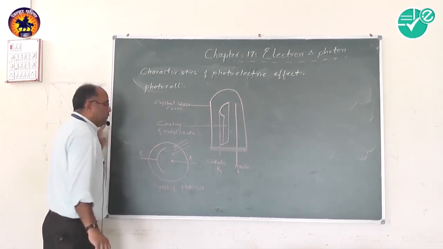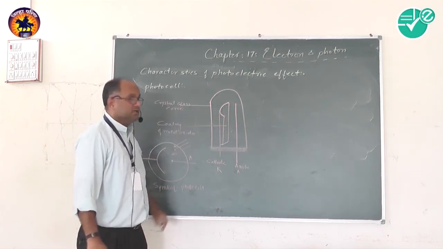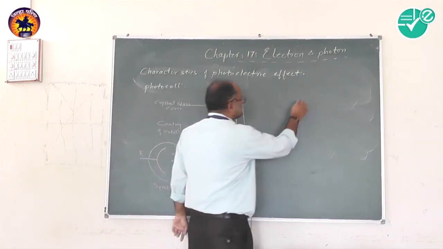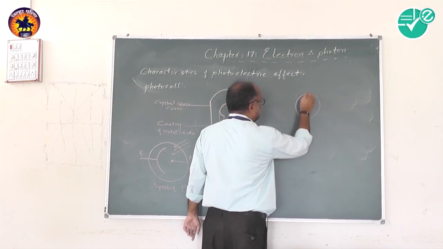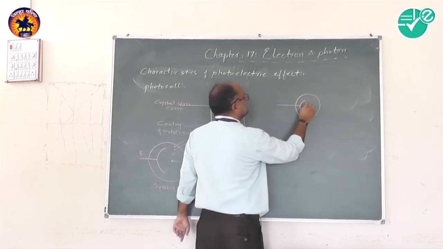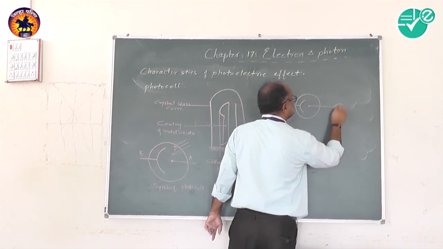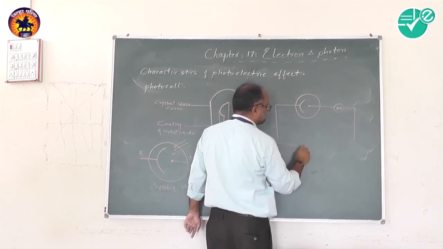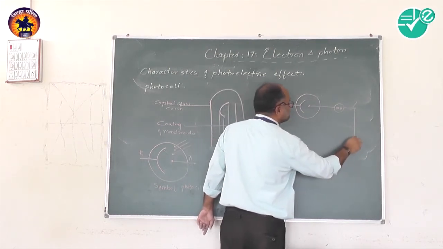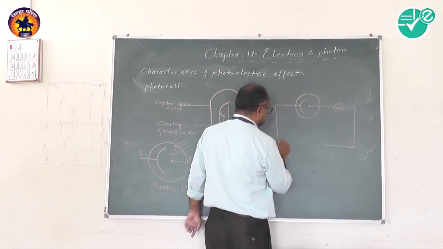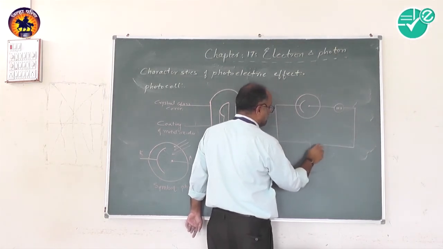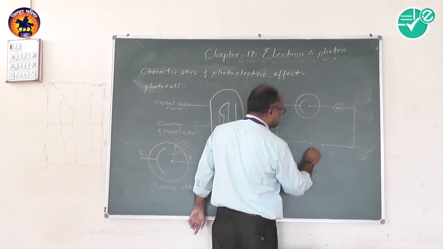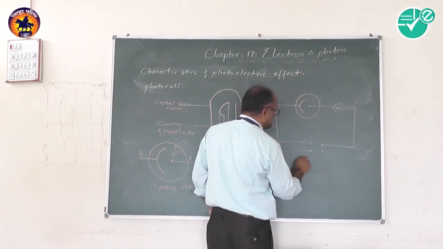Now we will study the characteristics of the photoelectric effect with the help of this. I am drawing the circuit diagram. Here also we will be using the commutator key.